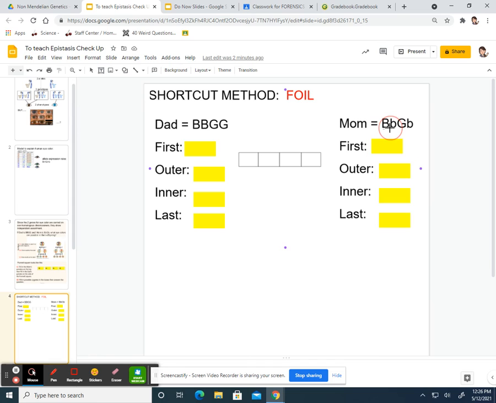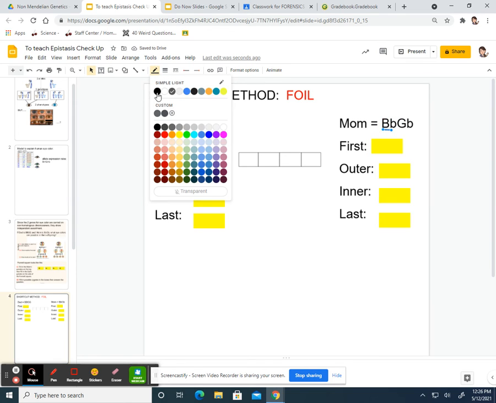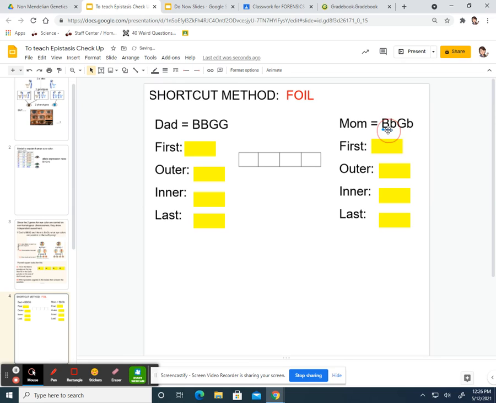So the first in the gene pair. So that would be this B, and this big G. So they're the first in each gene pair. So the first 2 letters are representing the first gene, the second 2 letters are representing the second gene, the first allele in each of those gene pairs. So our first option would be big B, big G.